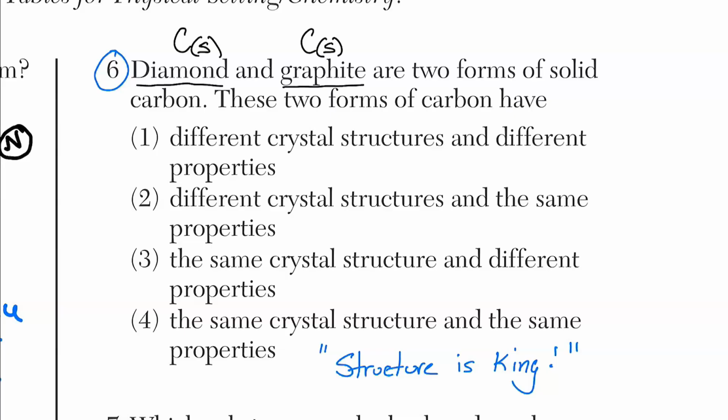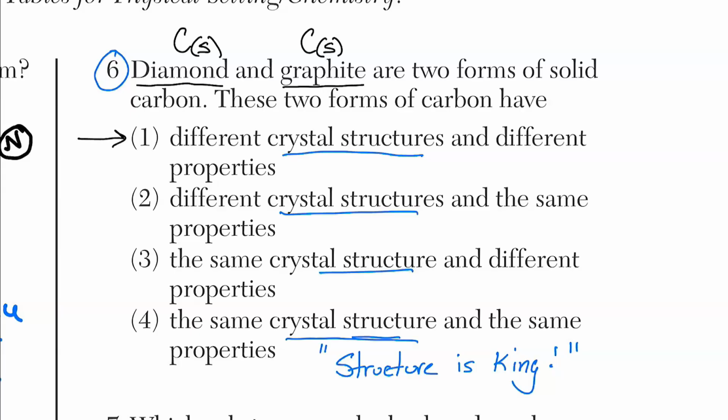We also know from organic chemistry, if we change the structure with the same chemical formula, called an isomer, it will have different properties. So we know that the structure has an effect on the property. So in this case, because they have the same chemical formula, it must be the structures are different. Different crystal structures have different properties. So that's why 1 is your answer.